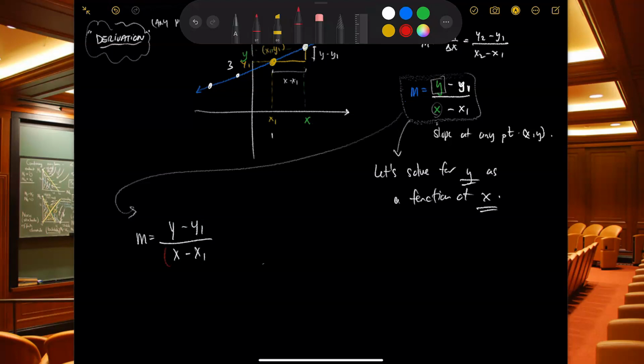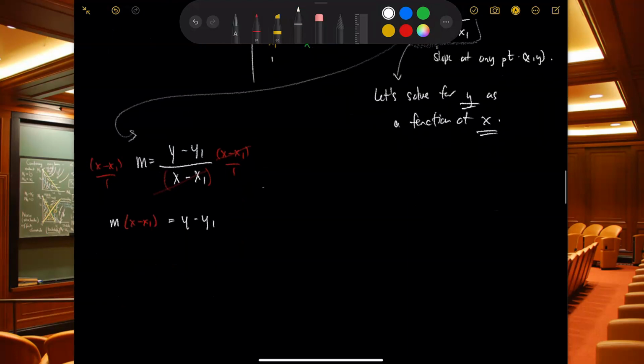Well, I've got a fraction, so I need to multiply both sides by x minus x1 over 1 to clear the denominator. So this cancels. Over here I'm left with m times x minus x1 equals y minus y1.